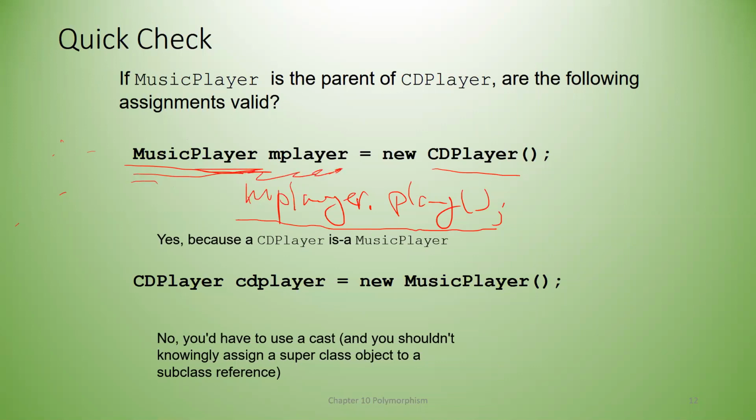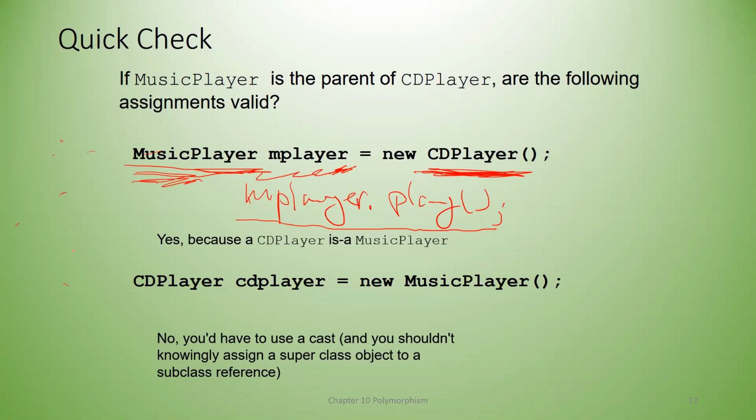At runtime, it goes to the actual object type. This is the object type. This is the reference type. Okay, so that's called late binding, right? That means actually which body is bound to this method, it's decided not at compile time, but at runtime. That's why we call it late binding.